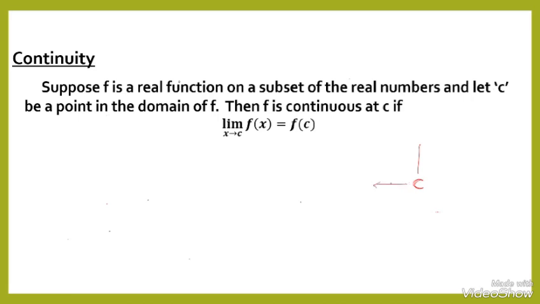All the points less than c are called the LHS part, and the values after c are taken as the right-hand part, whatever values we take as right-hand limits.